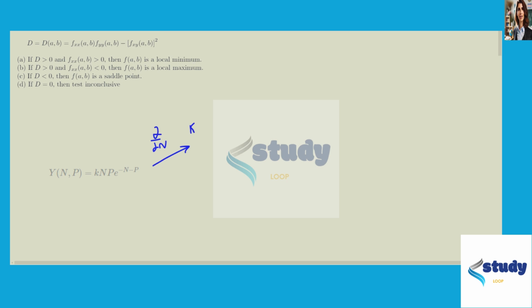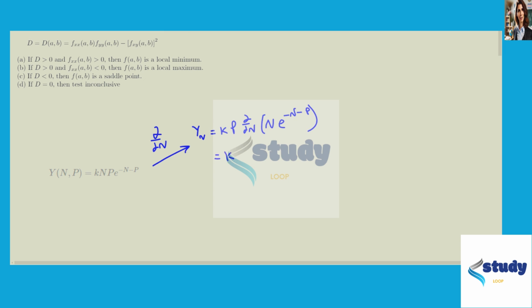So let me write this is y sub n. I'll pull that out first, so kp, and then we have del by del n of n e to the negative n minus p.